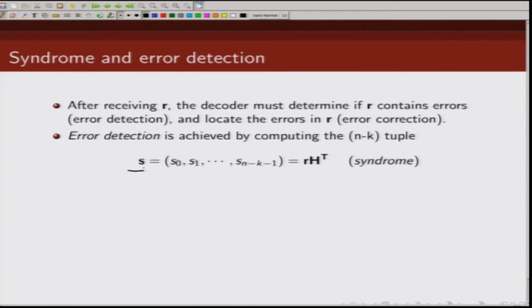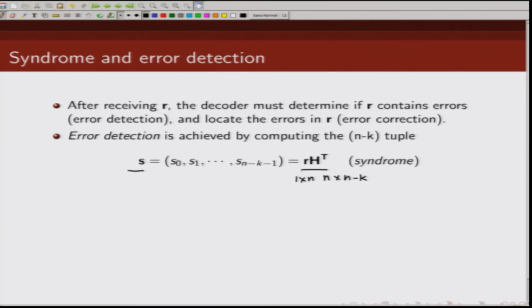What is a syndrome? Syndrome is computed by computing R H transpose. R is a 1 cross n vector, H is my (n minus k) cross n matrix, so H transpose is an n cross (n minus k) matrix.